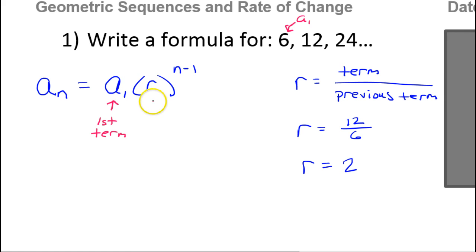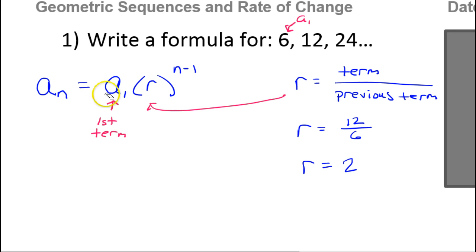Now we've already discussed what r is. Alright, r is any term divided by the previous term. Now n is just a variable, so n is going to stay the way it is. So a sub n with this variable n right here represents any term you want. That's why we use it for the rule.